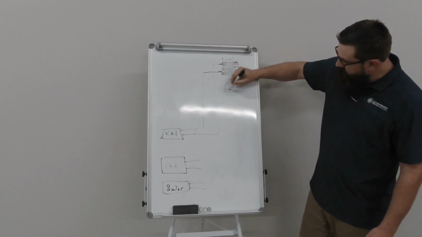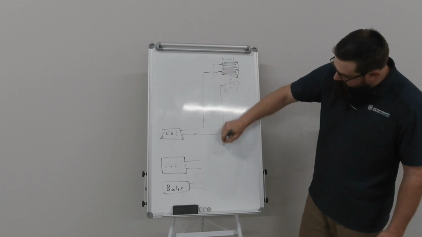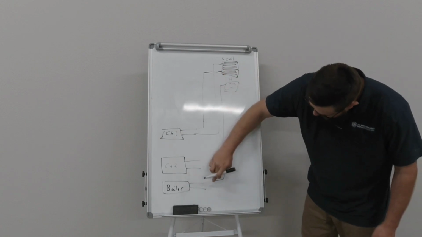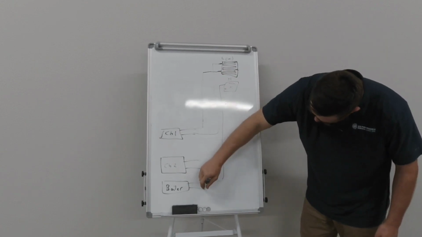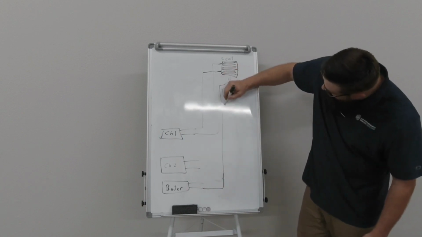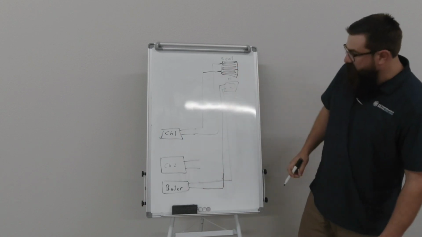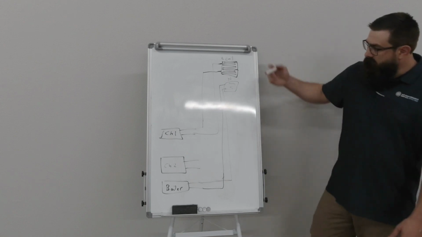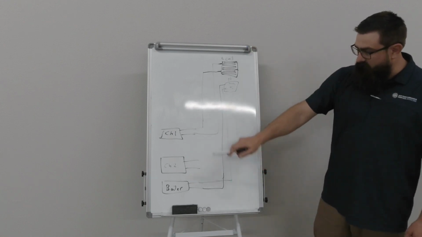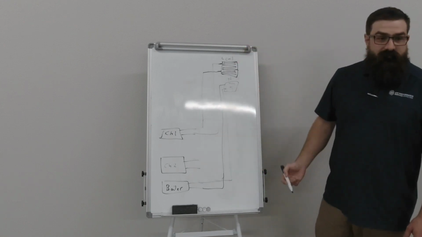This can be heating, and then it would be same thing, down to the boiler. So supply and return out of both of them. So that's a direct feed 4-pipe system.